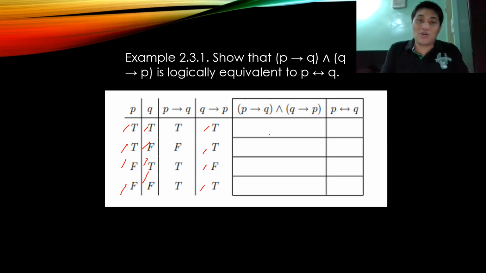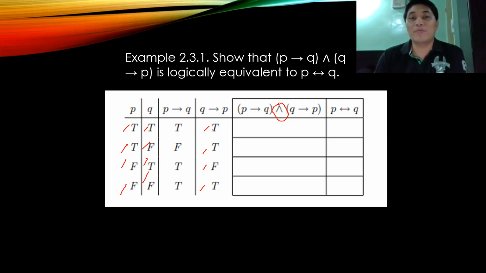So let's answer the next equation. We have P implies Q and Q implies P. So if P implies Q and Q implies P, what is our answer? If this is and, this is a conjunction.